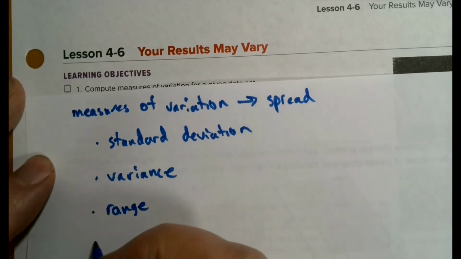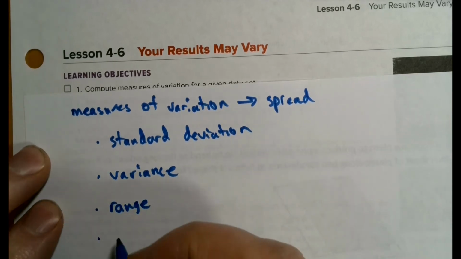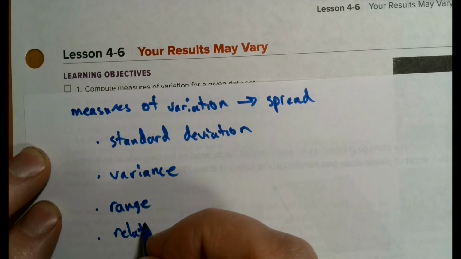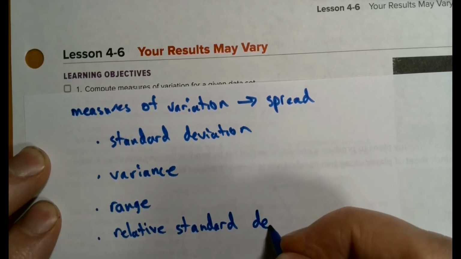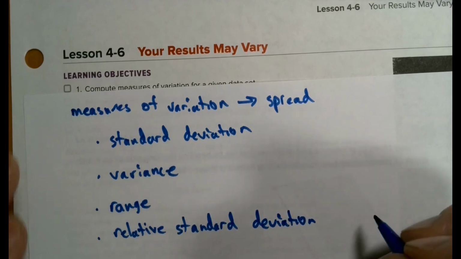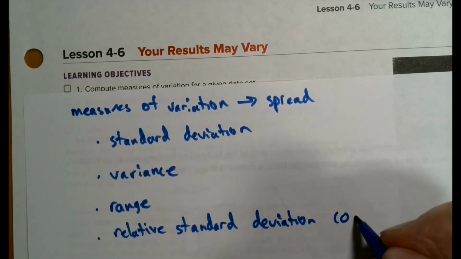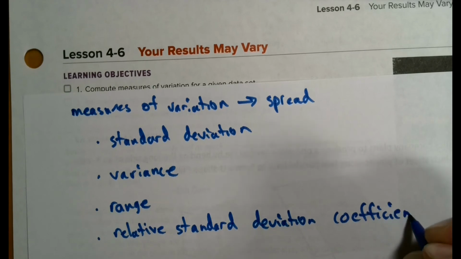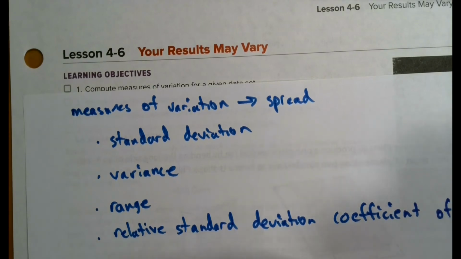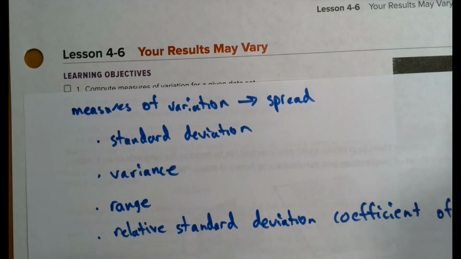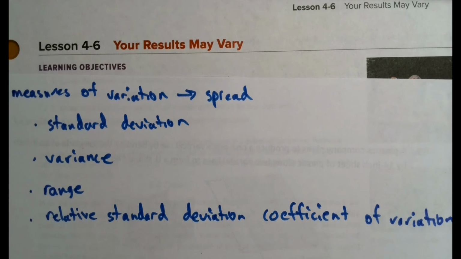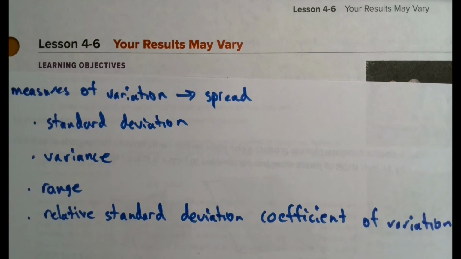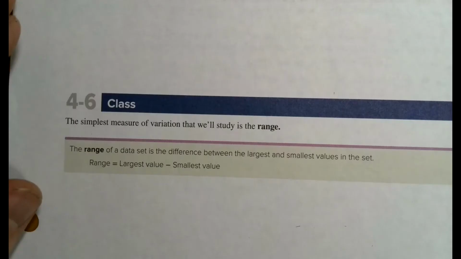And the final one comes in two names: the relative standard deviation, also known as the coefficient of variation. Don't confuse that with the coefficient of determination or the correlation coefficient. These are the four types of measurements we're going to look at in this section, and they will help us understand the idea of spread.